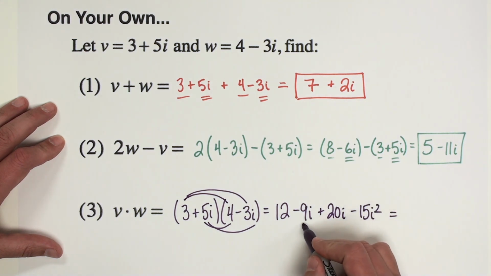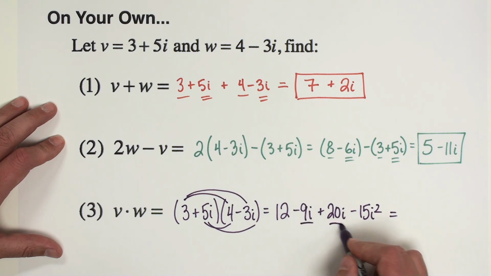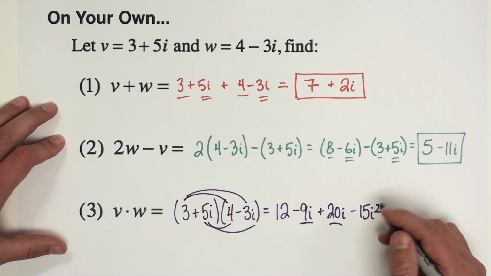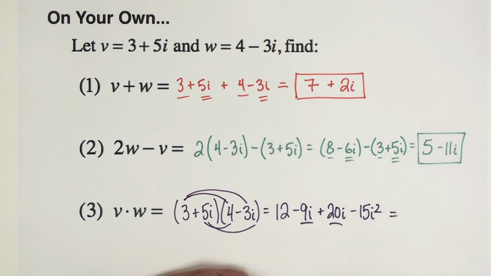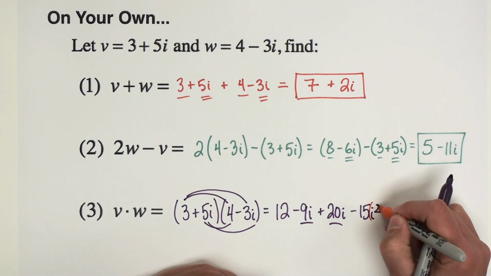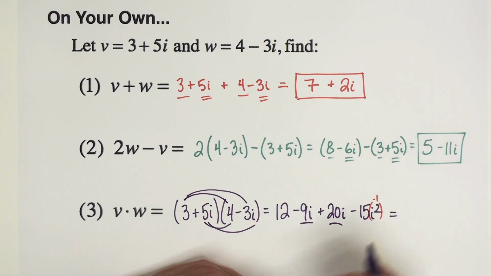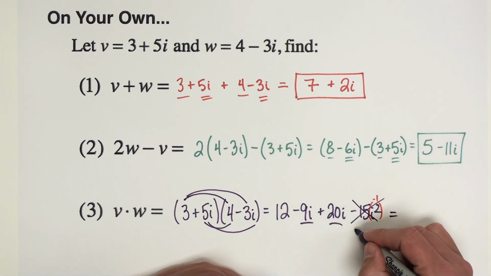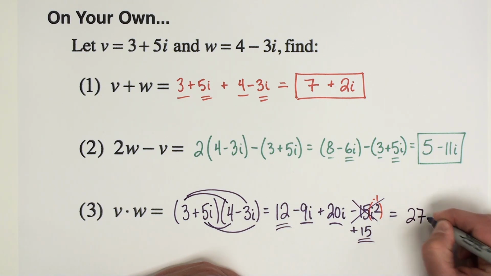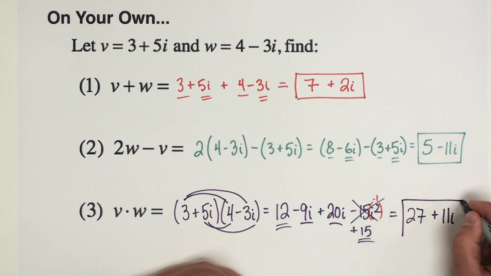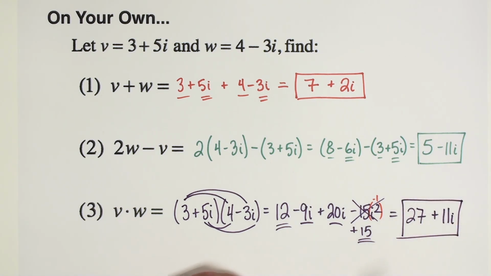So I've got some like terms here. And this minus 15i squared, if I replace this i squared with negative 1, that term is really a plus 15, and so I've got like terms there as well. So 12 plus 15 is 27, and then my i's combine to give me 11i, and that's it.